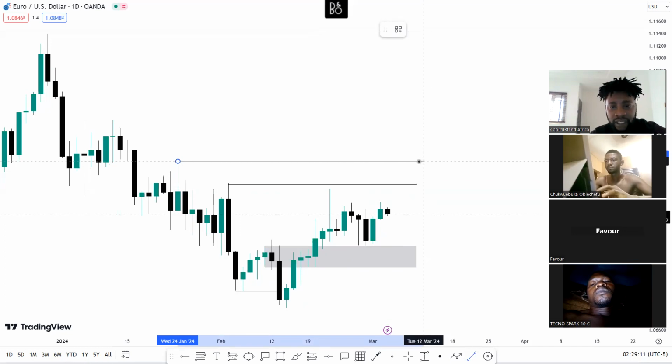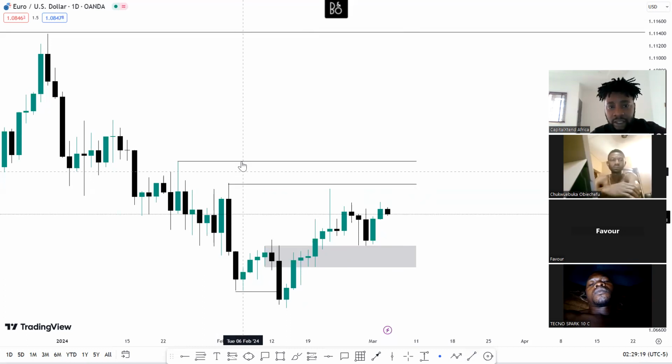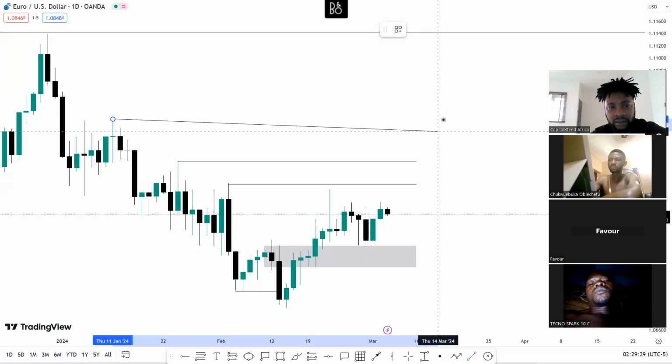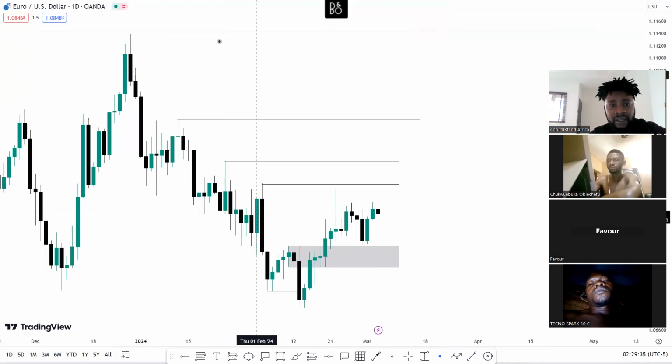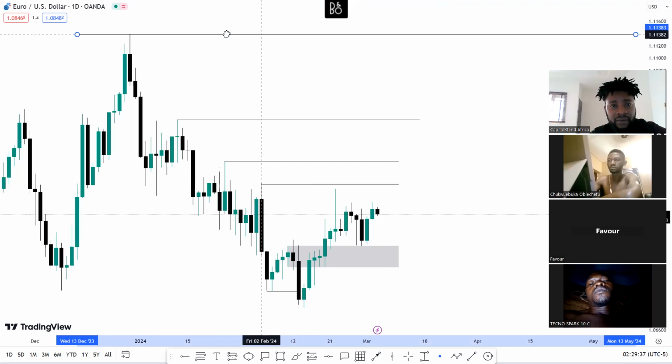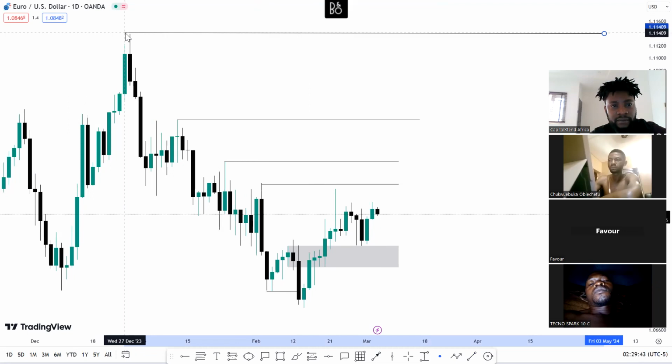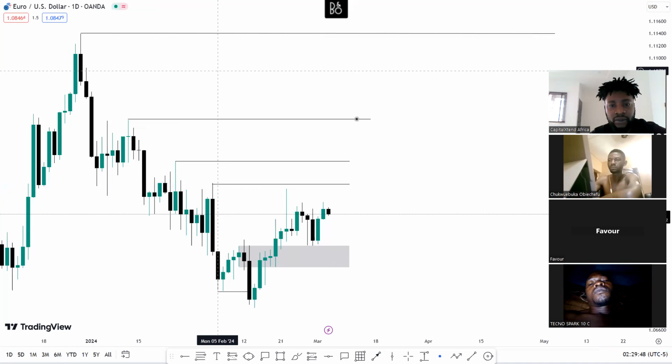So if we're able to get a buy confirmation on Euro USD, our first target will be here, second target will be here, then our third target should be these relative equal highs here, and finally this overall high we have here.